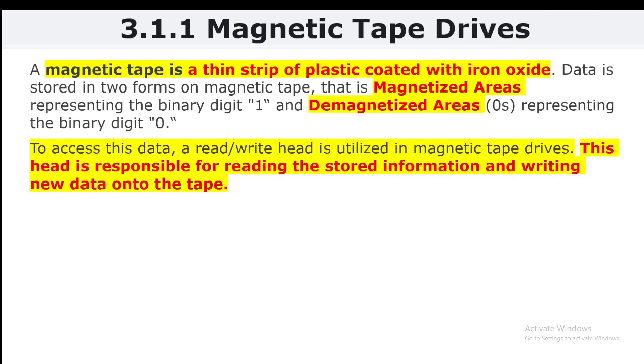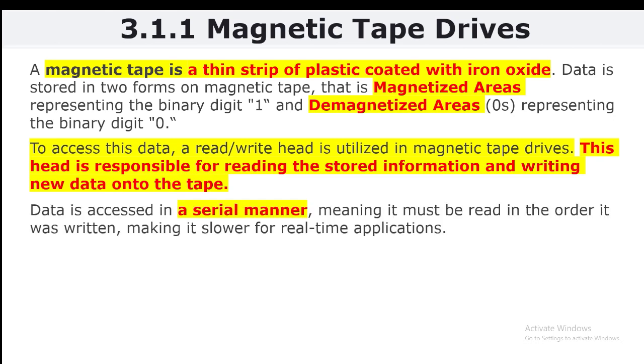Now, to access data, a read and write head is utilized in magnetic tapes, and this makes it possible to read and store information on the tape. Again, to access data on this magnetic tape, you do it in a serial manner. What this means is that you cannot just jump from one part to another.